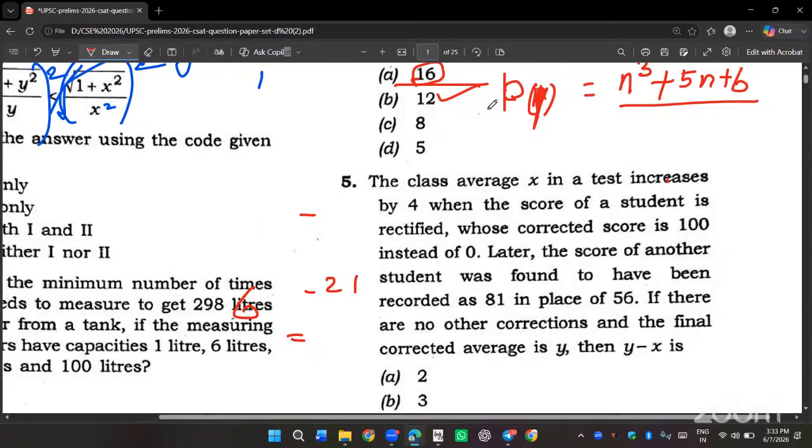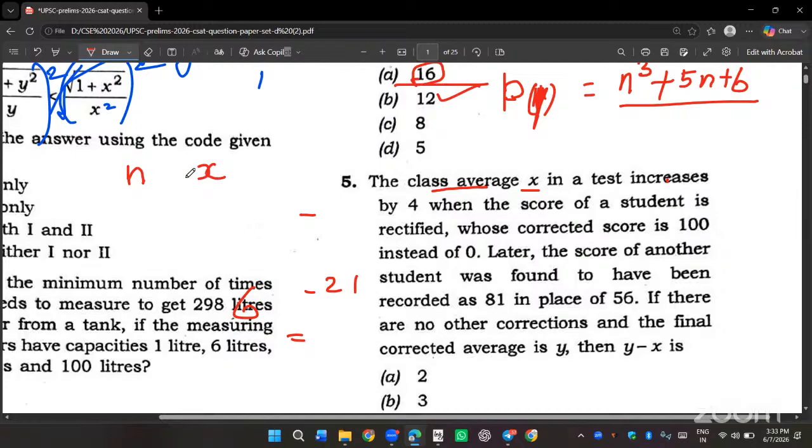Next, class average X. So n number of students are studying in a class, 20 students or 30 students, whatever may be the value. Their average mark is X. It may be 10 marks or 20 marks, any marks.